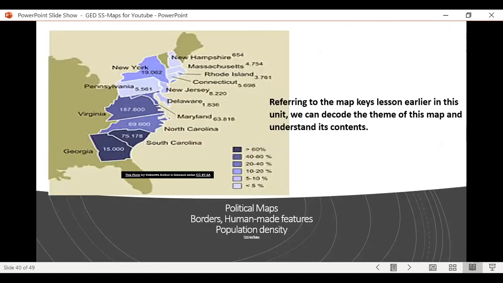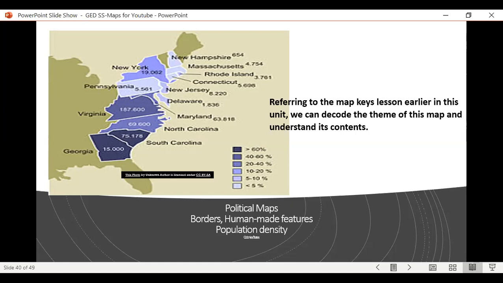So when we're going into our maps here, remember at the very beginning of the unit, we were talking about how to read map keys, what kind of information we can glean from it, or learn from it, and how we can interpret that. So if we look here, we see the different divisions of the colonies that became states, and those numbers are basically the population, the density of it.